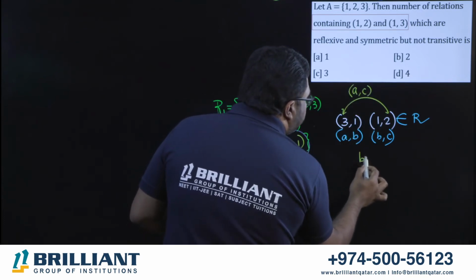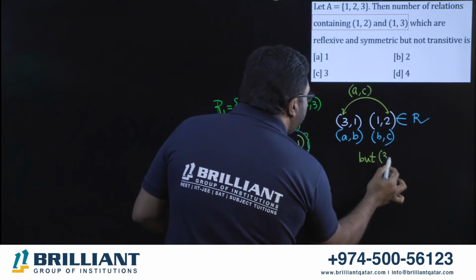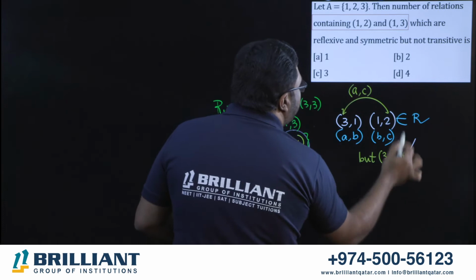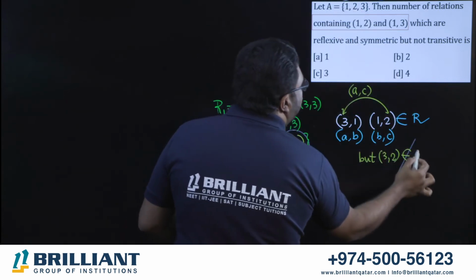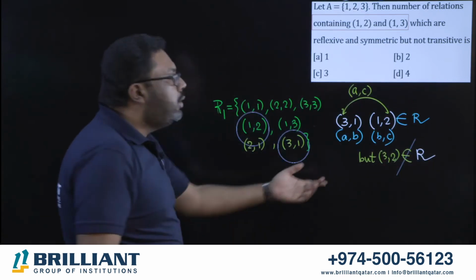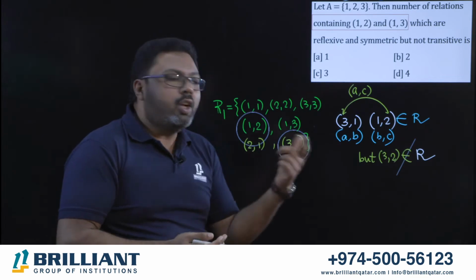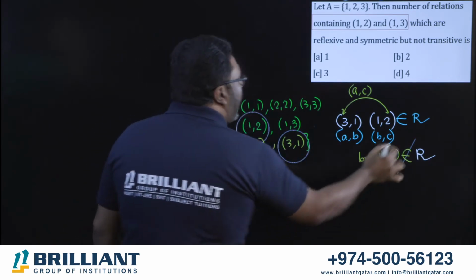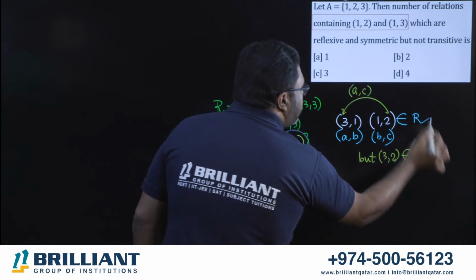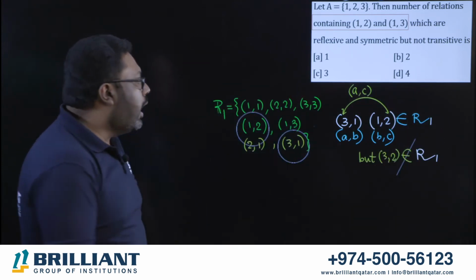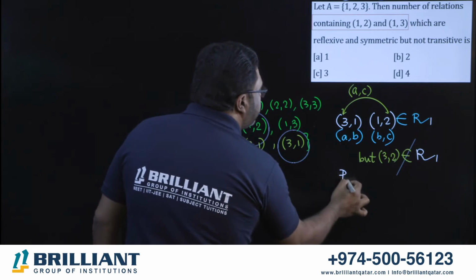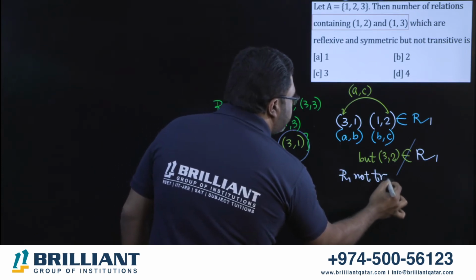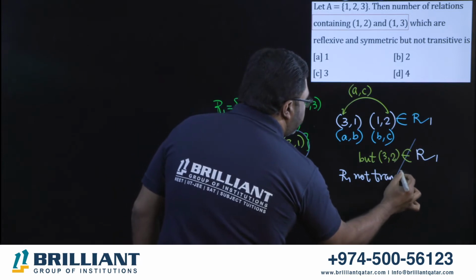Yes, but 3, 2 does not belong to R. So if 3, 2 does not belong to R, can I say R is not transitive? So this R1 is not transitive. R1 not transitive.